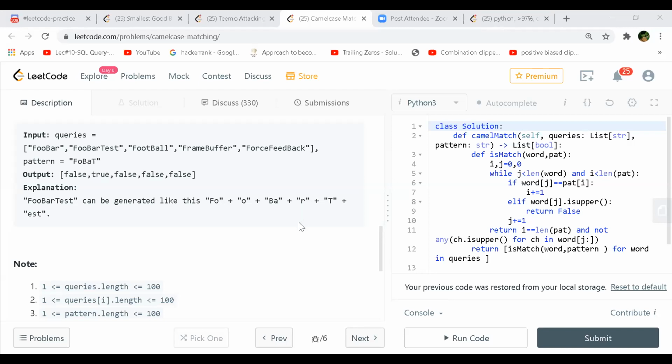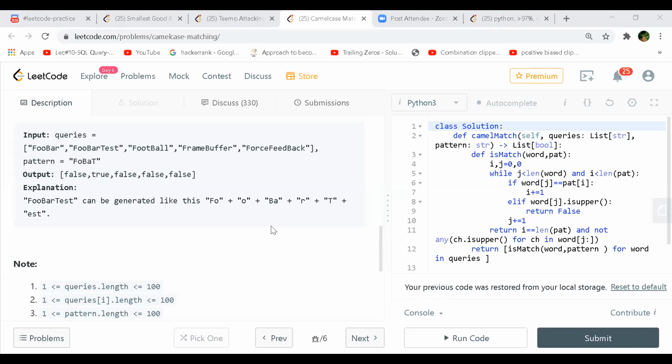So you have FO, a small o in the pattern, and we still have to have that o in the query also. But after the o, you can have any number of other lowercase letters before the first capital B, which is uppercase, right?